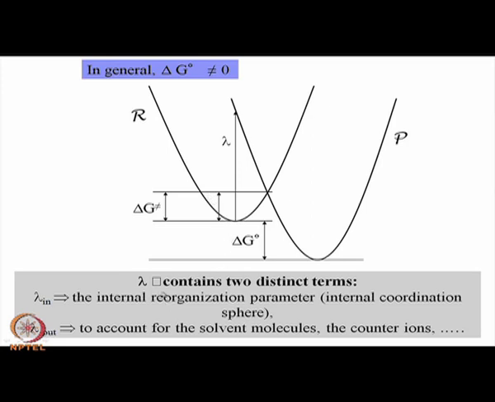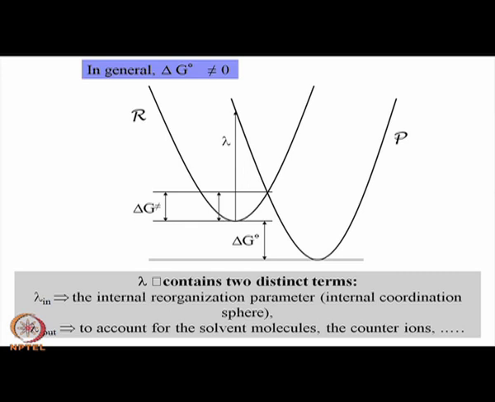Now what is this lambda? This lambda contains two distinct terms. One is the internal reorganization parameter, related to the internal coordination sphere, or internal readjustment of the molecule, and the other is basically related to the solvent or the environment. That is to account for the solvent molecules, the counter ions, etcetera.